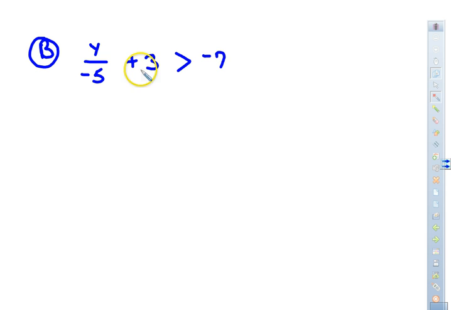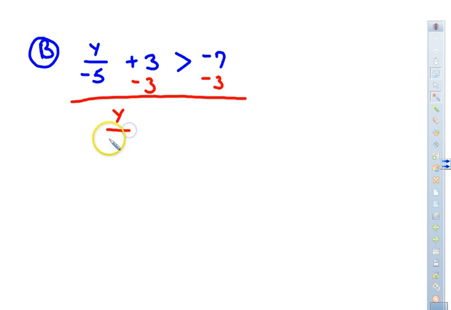Since it says adding 3, we're going to subtract 3 or add a negative 3 to both sides. And we draw our line, and it is now y over negative 5, and that is a greater than sign, and then negative 7 plus a negative 3 is going to give me a positive 10. Okay, same signs are positive.